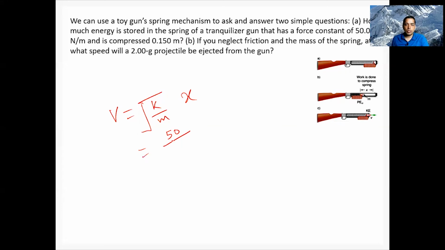You have to change the mass to kilograms, because grams have to be changed to kilograms: 2 times 10 to the minus 3 kilogram. Then x is how much? 0.15. If you do that, you end up getting 23.7 meters per second.